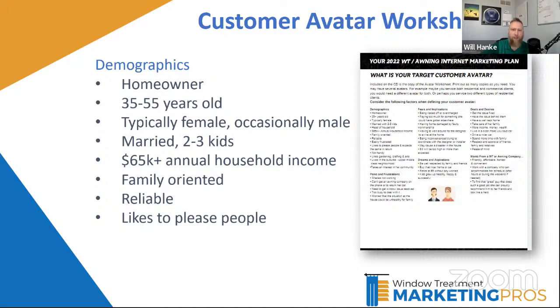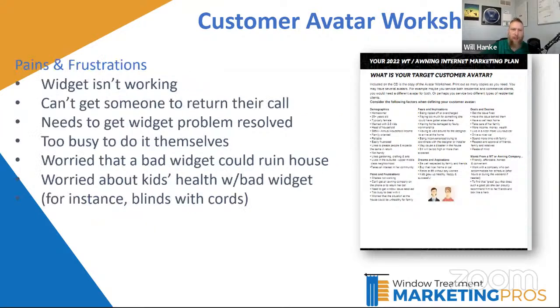There are a lot of examples in the worksheet of different ways that you can figure out who that person is, what they do, what they're thinking, and then pains and frustrations. What is the problem that they typically have in order to start looking for a solution that you provide? Their blinds aren't working, or the sun is coming in every afternoon, right?